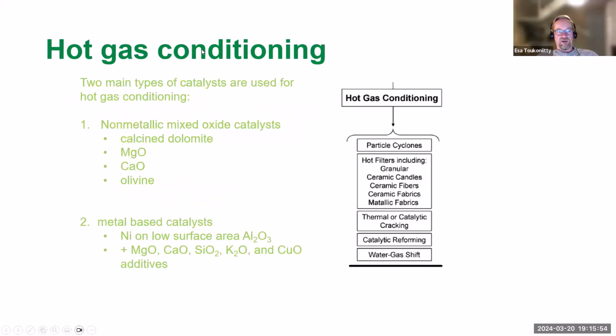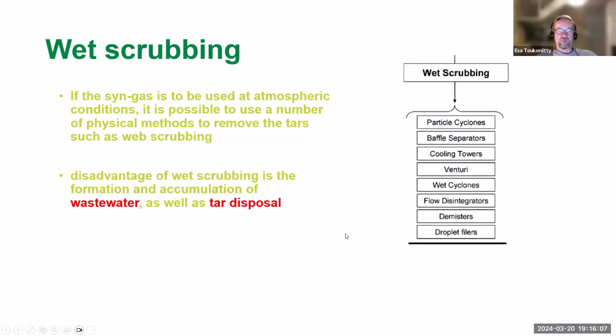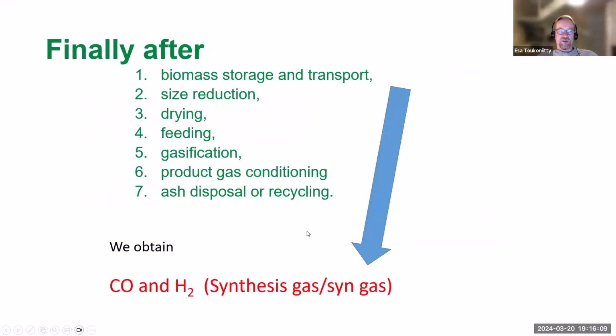In hot gas conditioning, you don't have wastewater formation, and some of these unwanted tars and particulate matter are converted to gaseous material. So that's more or less the difference.